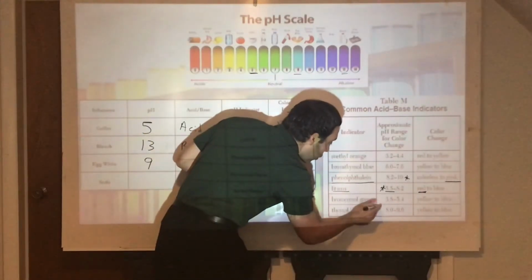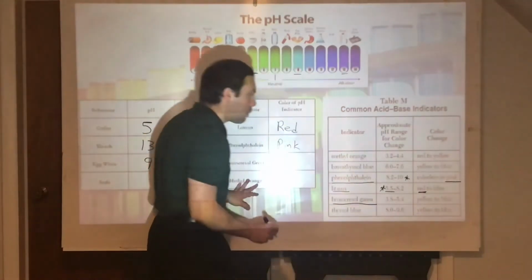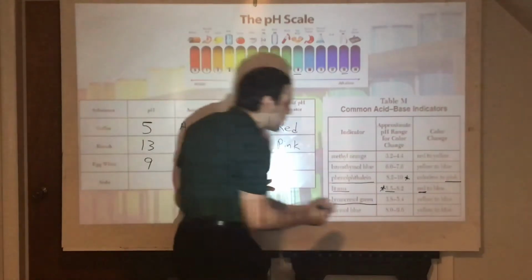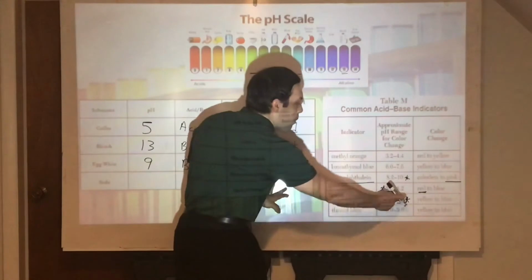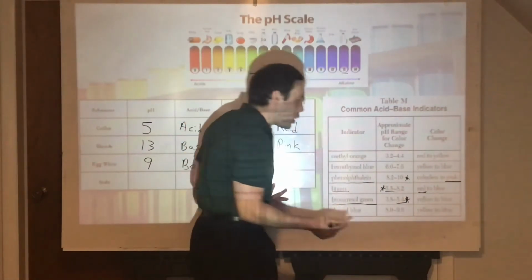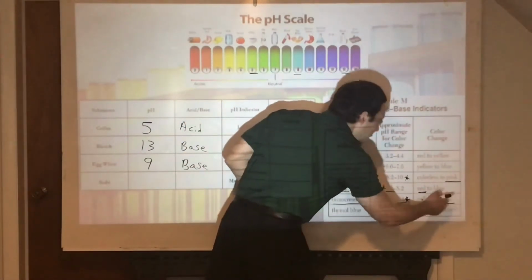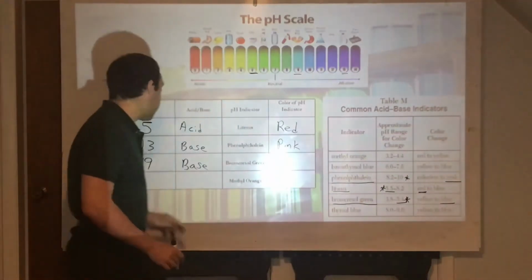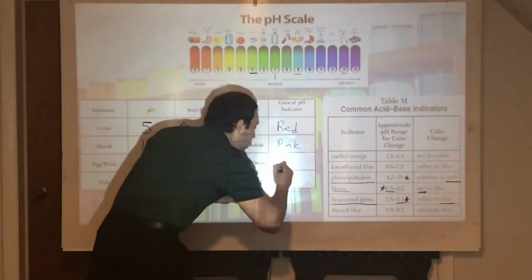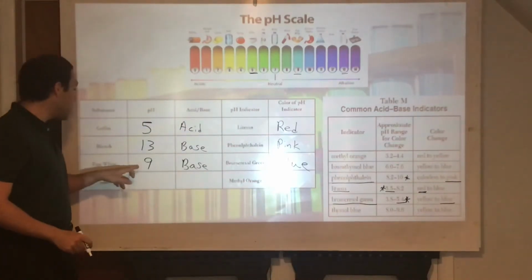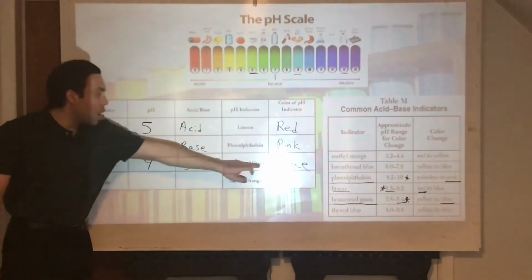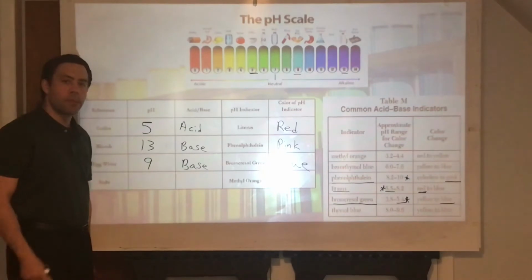We find bromocresol green here towards the bottom. The number 9 is greater than 5.4, the number on the right. So it's going to correspond to the color on the right. In this case, it is blue. So, bromocresol green in a solution with a pH of 9 is going to turn blue.